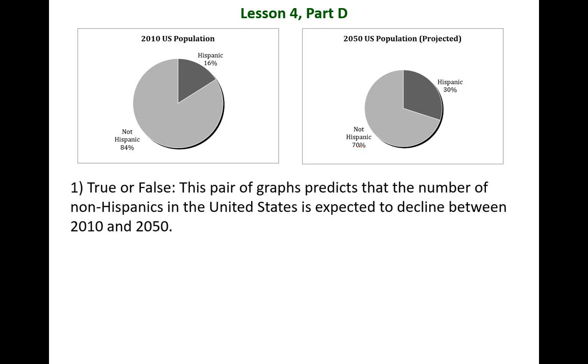Think about whether or not you think that means what this says. It says, this paragraph predicts that the number of non-Hispanics in the United States is expected to decline. Does this graph mean we'll have fewer non-Hispanic people?